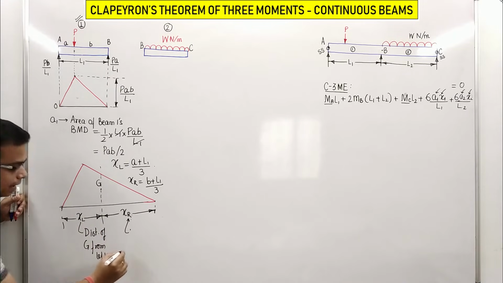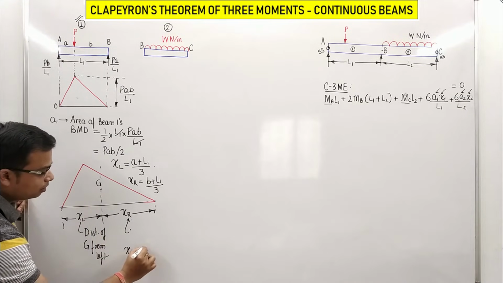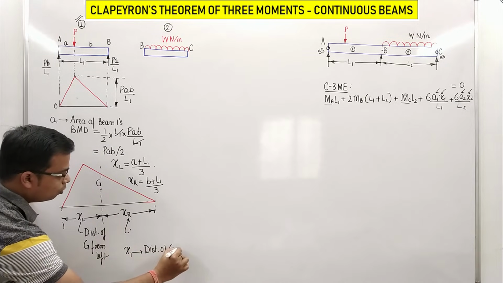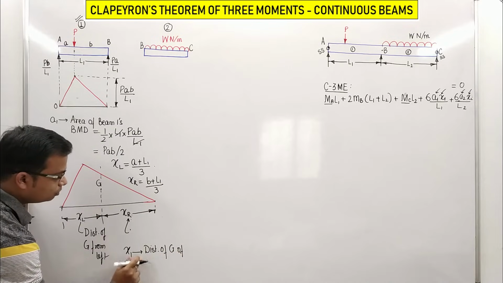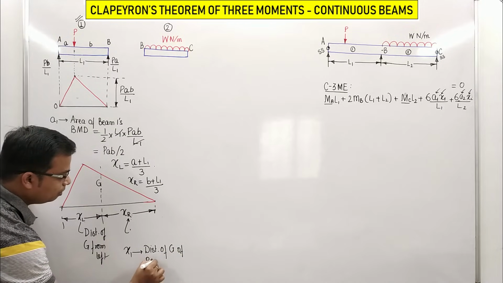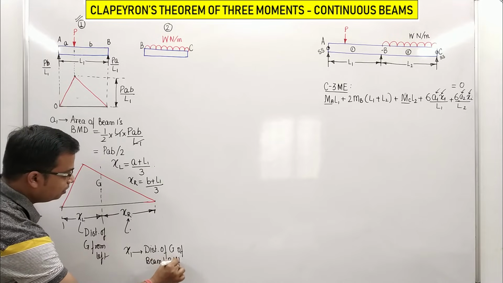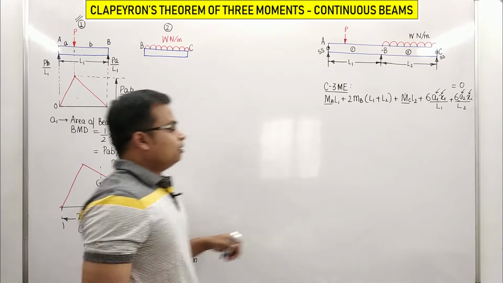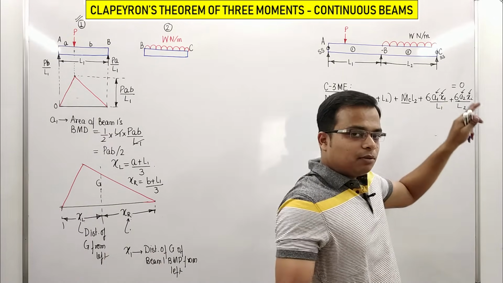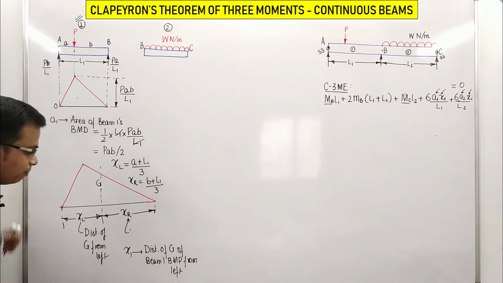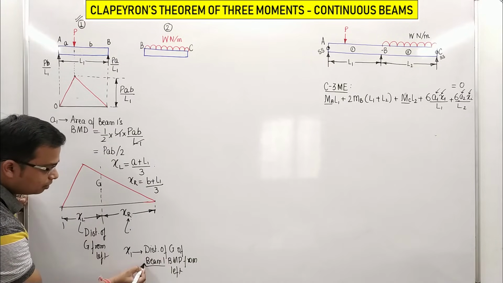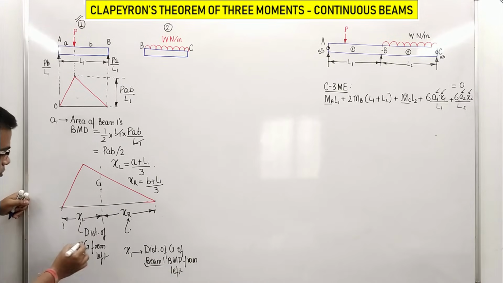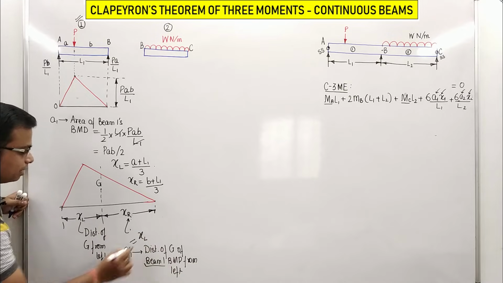So X1 is nothing but the distance of the centroid of beam 1's BMD from the left. Once again, this X1 in Clapeyron's three-moment equation is the distance of the centroid of beam 1's bending moment diagram from the left. That's it. So that X1, by the way, is your XL.